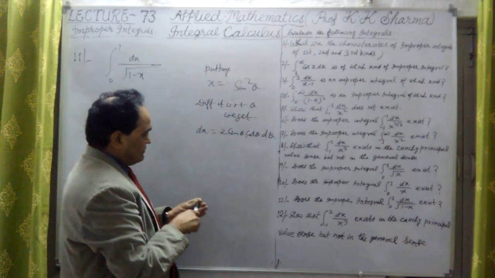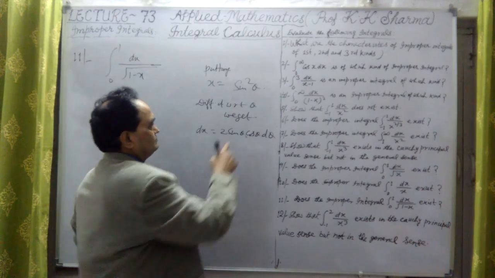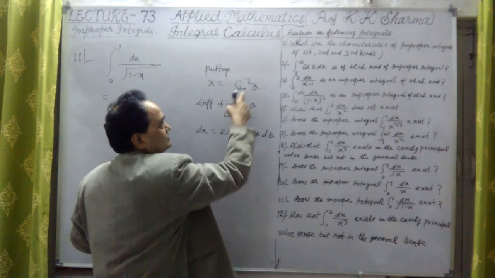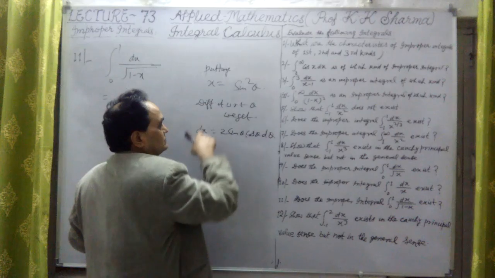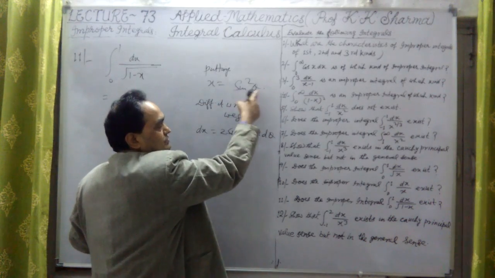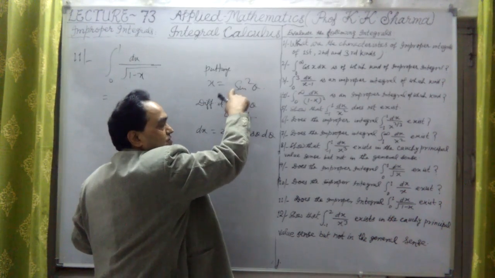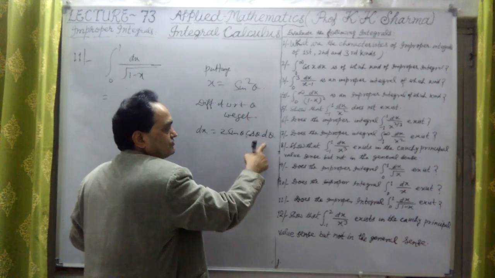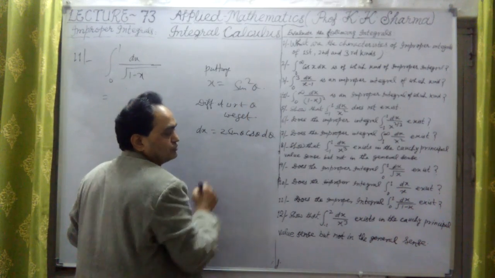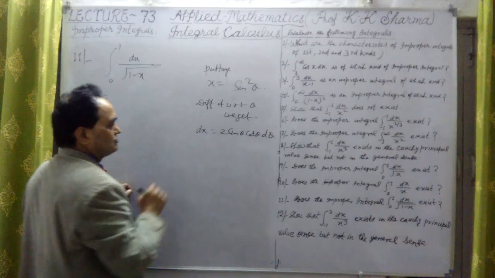Why? Differentiating with respect to theta, dx upon d theta is equal to 2 sine theta cos theta, since sine theta is differentiated as cos theta.